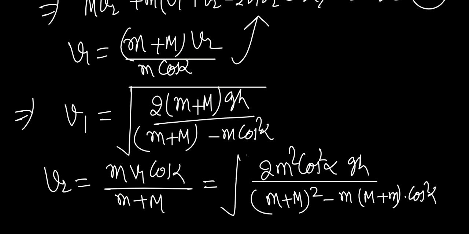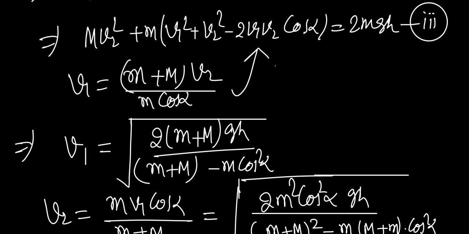So this is the value which you will get after solving the equation. This equation is quite difficult to solve, but it's not that difficult either. Just substitute the value of v1 and definitely you will get this as your solution.